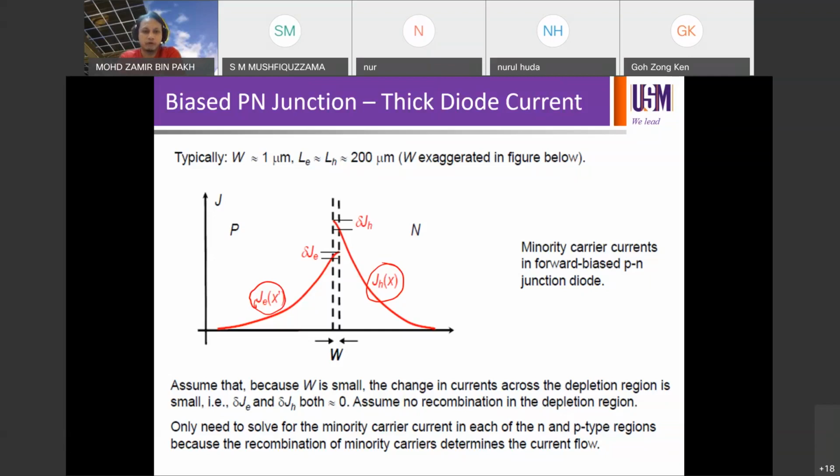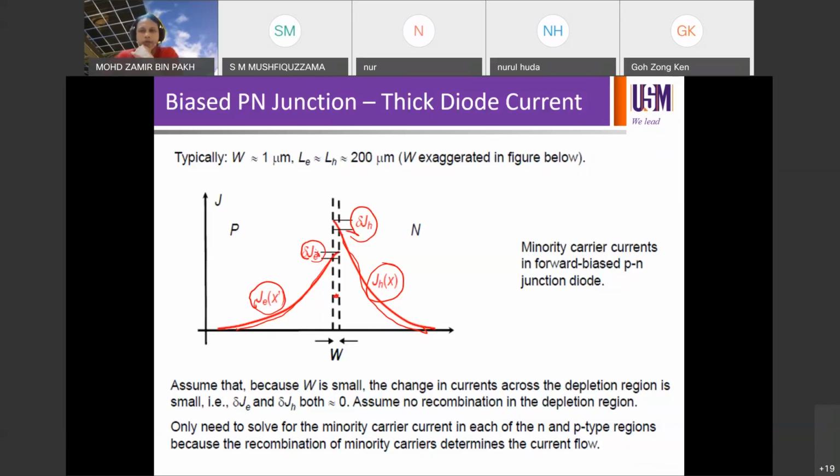If you look at the JHX profile and the JEX profile, the change of current density in the depletion region will become negligible, because they are very, very small in this small region.